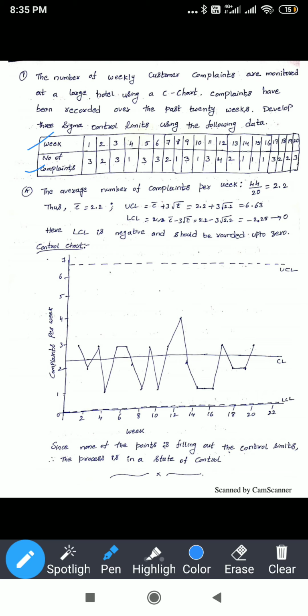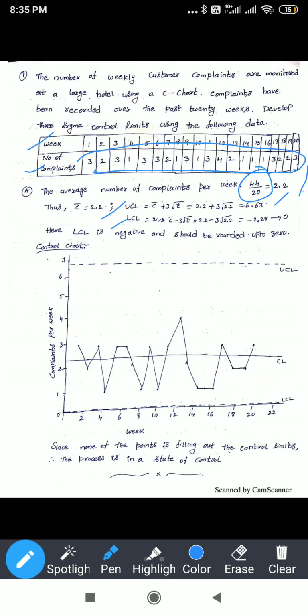Using this given data, we calculate the average number of complaints like this: adding all of them, you get 44 by the total weeks, 20. So 44 by 20 is 2.2. That is C bar. Coming to UCL, that is C bar plus 3 into square root of C bar, you get 6.63.